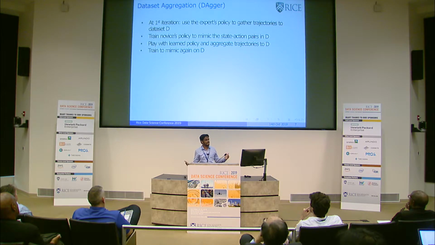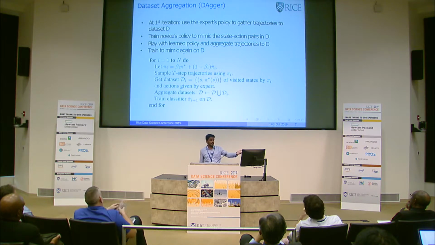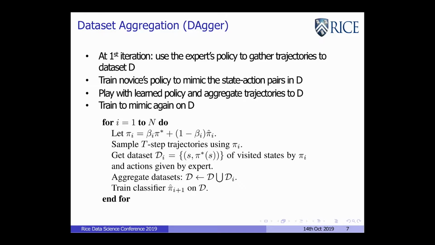In this way, we generate trajectories and add the state action pairs to a data set D. Now, if you look at this code snippet, the second line summarizes what Dagger does. Pi star corresponds to the expert's policy, and pi hat corresponds to the novice's policy. And in the beginning of the training, we rely solely on pi star, and as the training progresses, we reduce the reliance and finally cut it off.